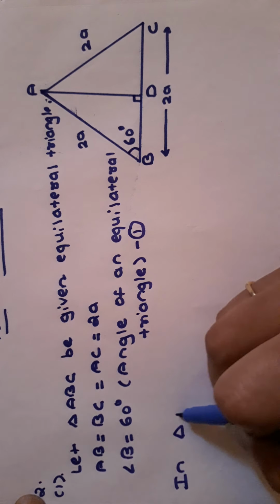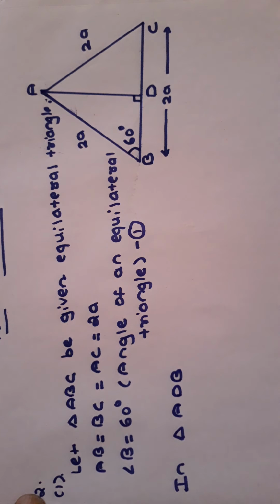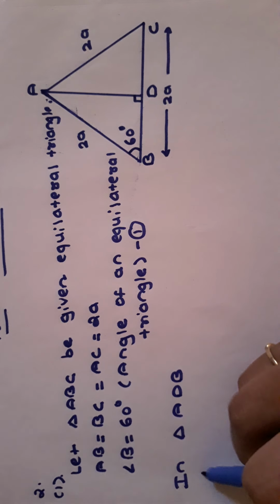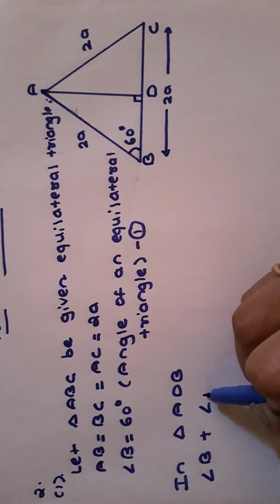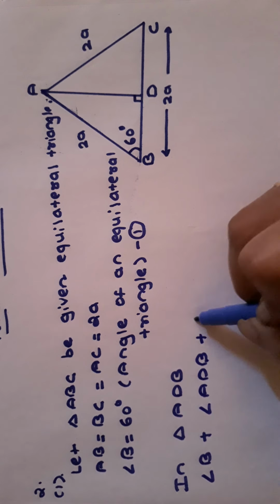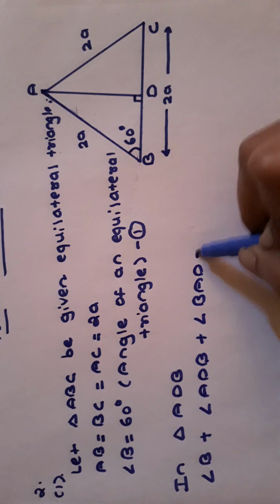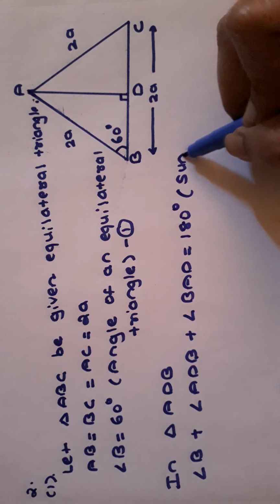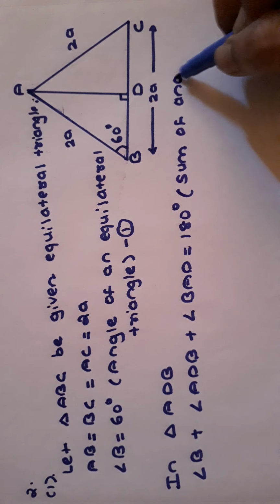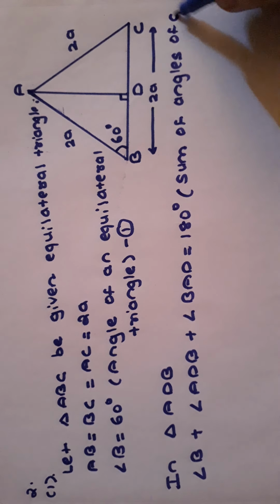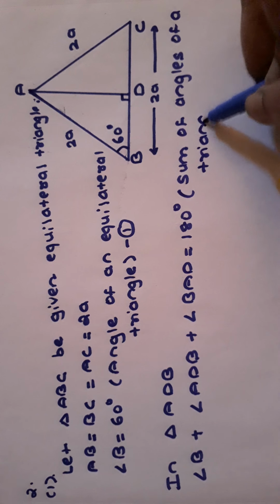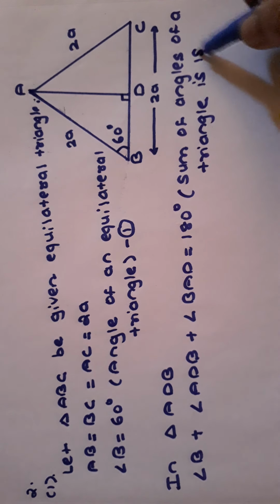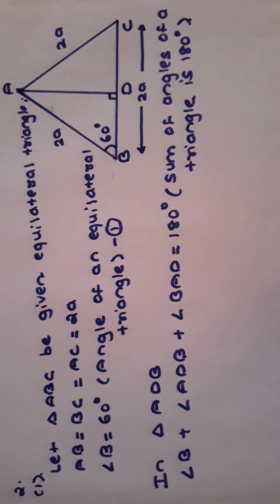Now take triangle ADB. We know that the sum of angles of a triangle is 180 degree. So that means angle B plus angle ADB plus angle BAD is 180 degree. Substitute the value.